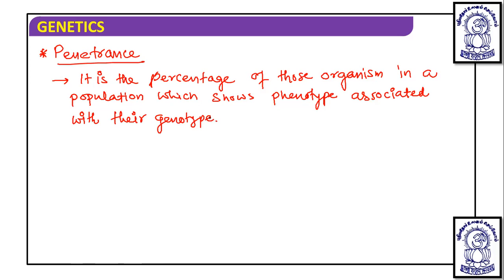Means the genotype is present in 100 individuals, but it is getting expressed or forming a protein or showing a trait in only 80 individuals. Then the penetrance is just 80%.